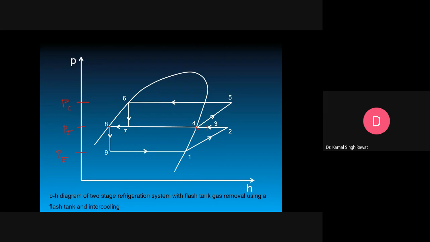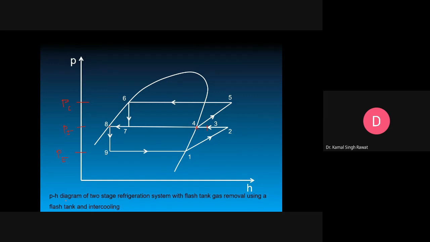At the end of this process we have liquid plus vapor at evaporator pressure. After that there is heat absorption in the evaporator, and this liquid refrigerant converts into vapor, and at point 1 we have saturated vapor. So we can easily apply the thermodynamic analysis and calculate the COP of this system.